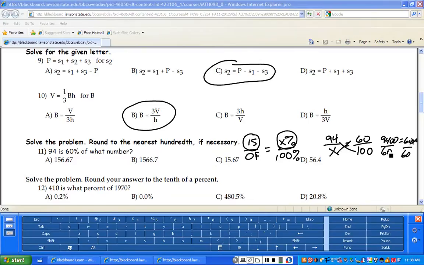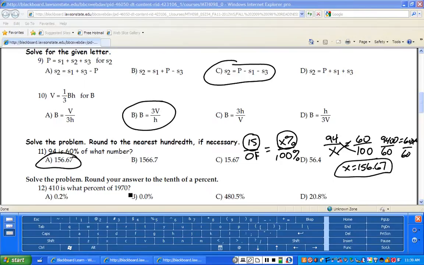And so you have 9400 divided by 60 equals 156.67. This here, which would be A.